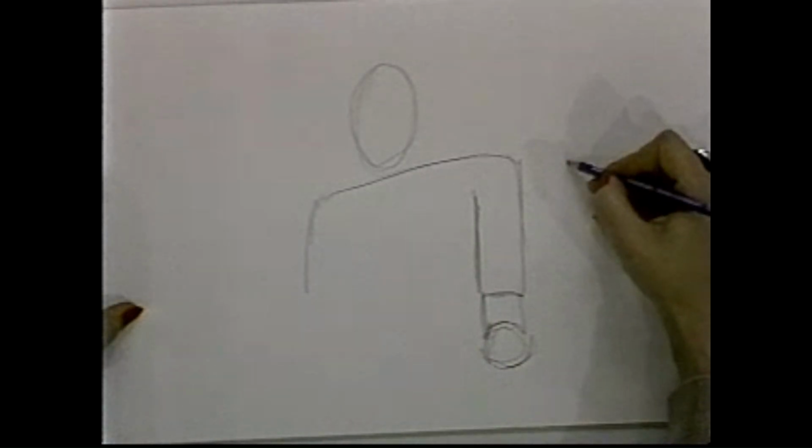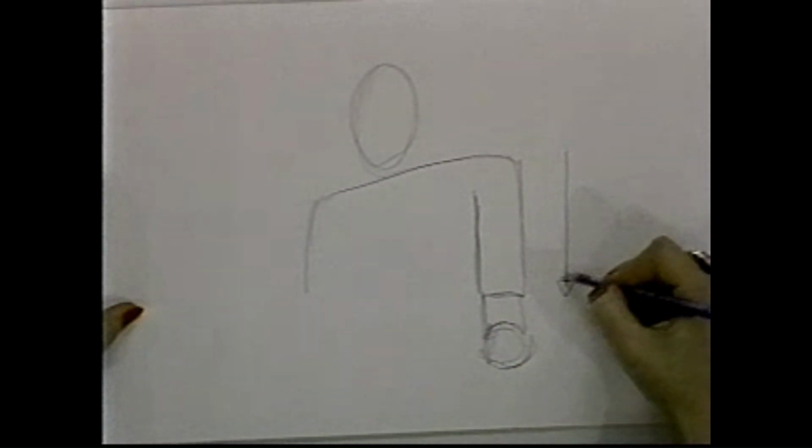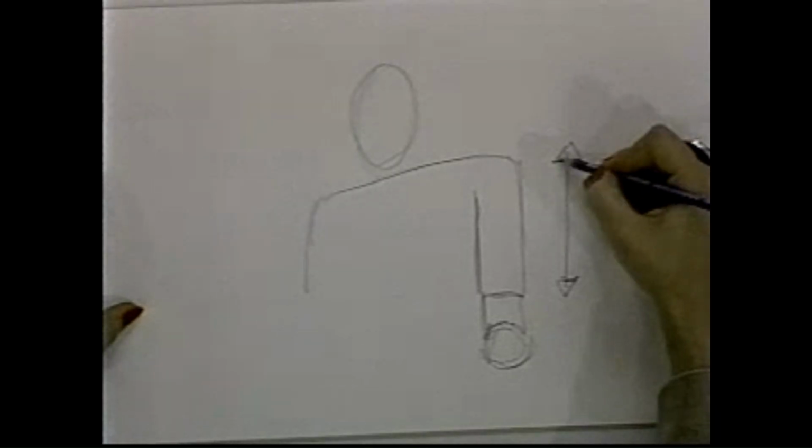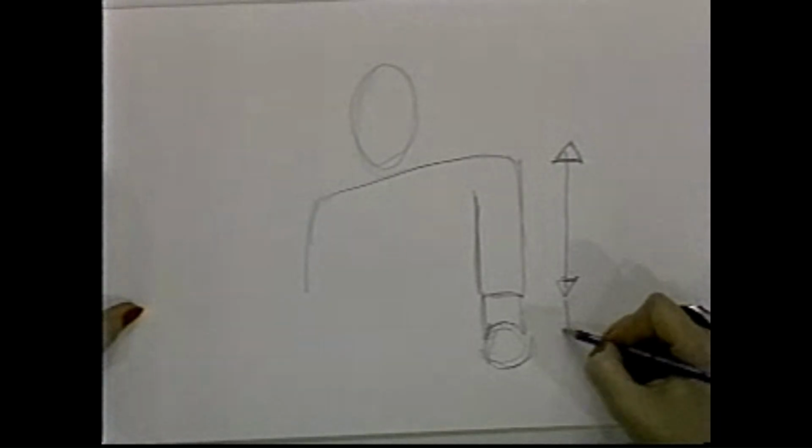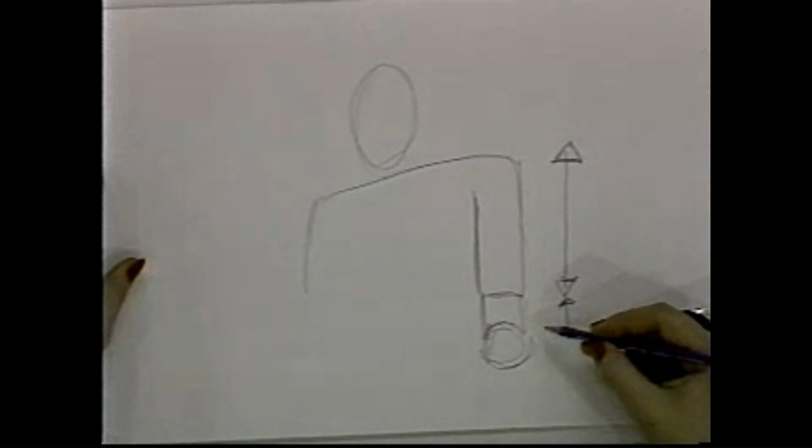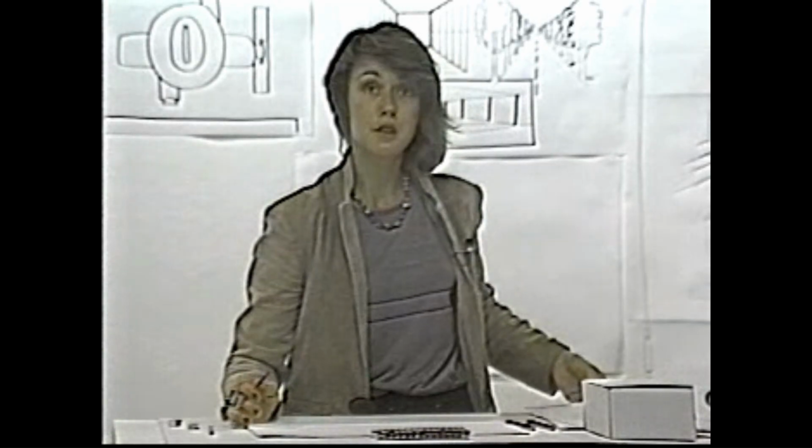And here you can see that the distance of the upper arm is longer than the distance of the forearm. In our series on the human body, the foreshortening will become very, very important. But we'll talk about it again later.